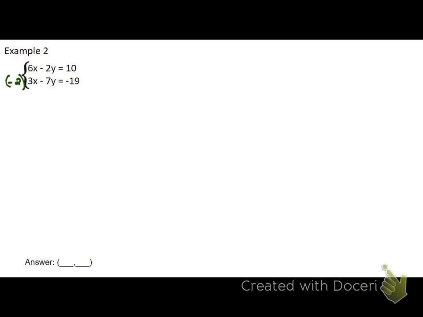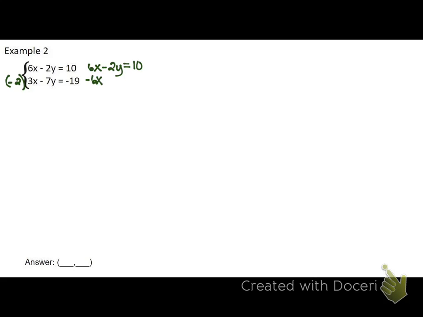So I'm going to rewrite my top equation just so it's already done for me. 6x minus 2y equals 10. And then I'm going to multiply my bottom equation by the constant, negative 2. So negative 2 times 3x gets me negative 6x.